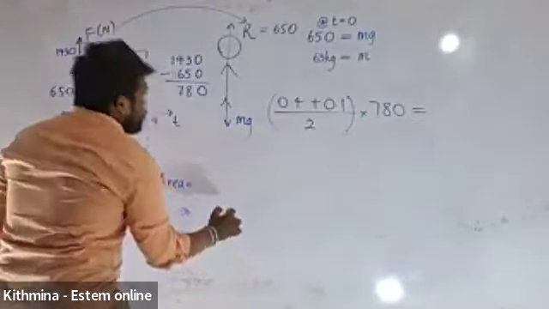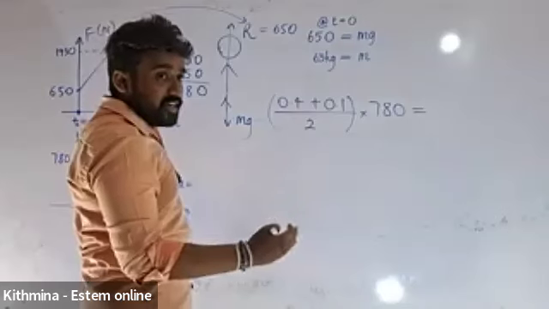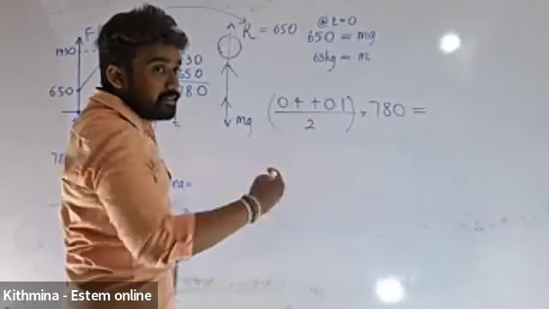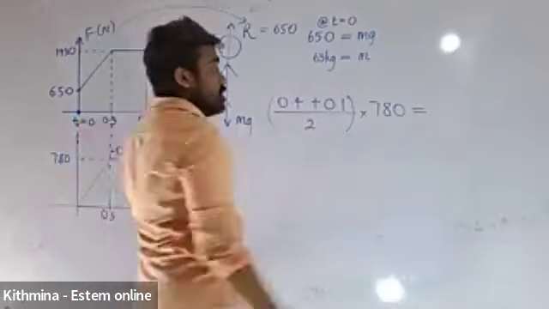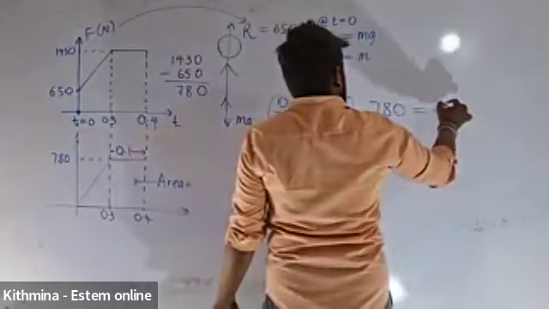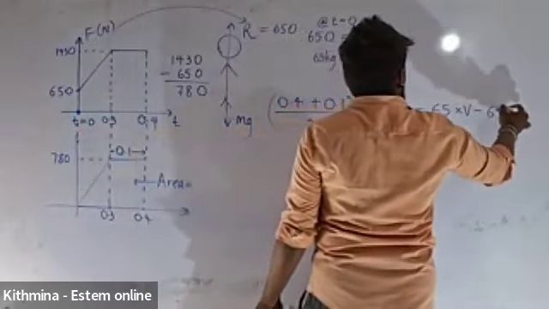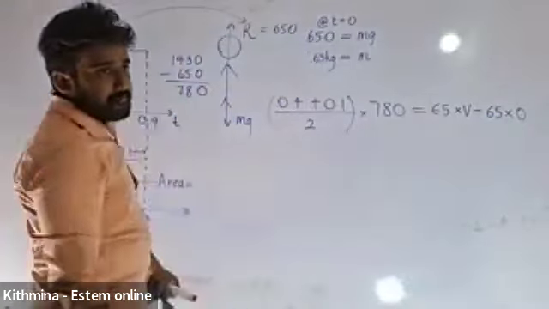The initial condition, he is at rest, and the final condition is the moment that he gets out from the ground. Then 65 into V minus 65 into 0, where 65 is the mass of the man.